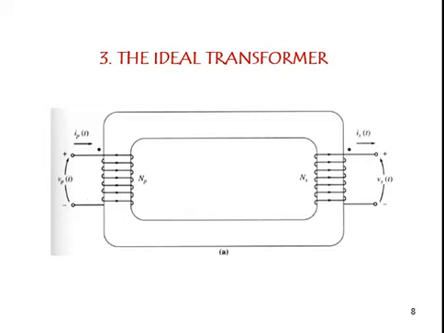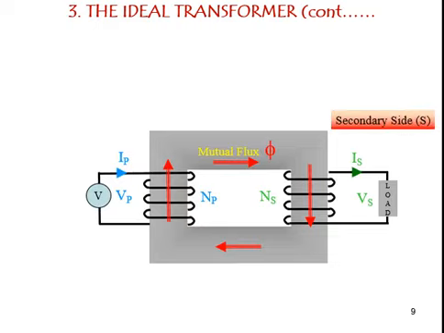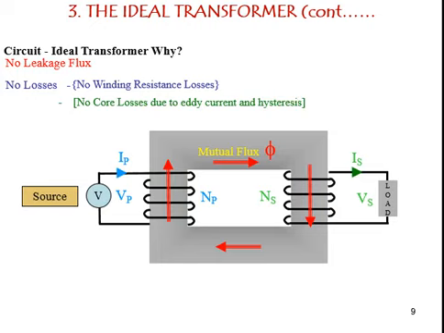The main reason we consider the transformers as ideal is that we are supposing there would not be any losses, because in real life there would be so many losses, which come from the resistance, and the core losses, eddy current and hysteresis, and leakage flux.